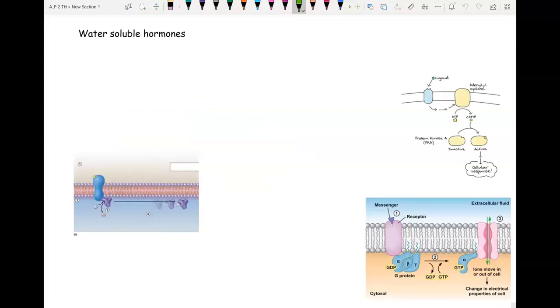Another way to classify hormones is if they're water-soluble or lipid-soluble. Water-soluble hormones are all of the protein hormones and the biogenic amines, with the exception of thyroid hormone.